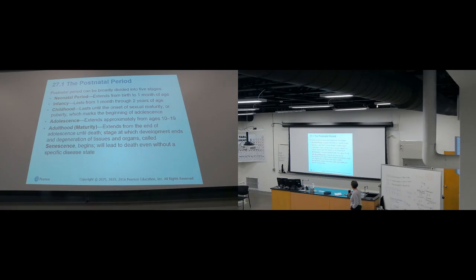And then adolescence, which lasts from typically when puberty starts up to the age of 19, more or less. And then adulthood or maturity can be subdivided into 3 stages: young, middle age, and late adulthood.